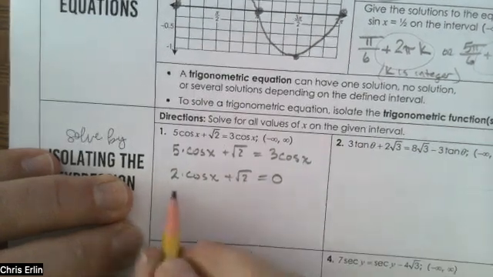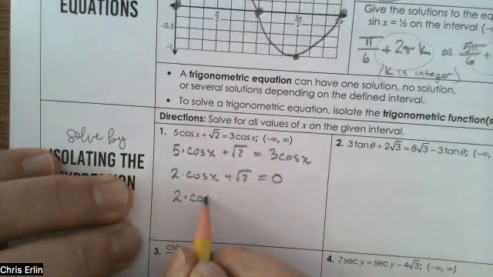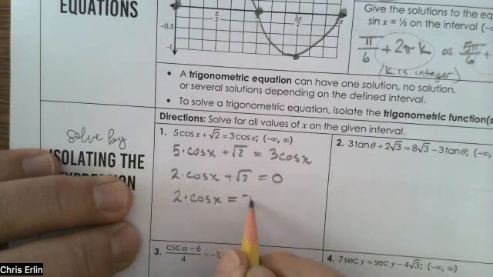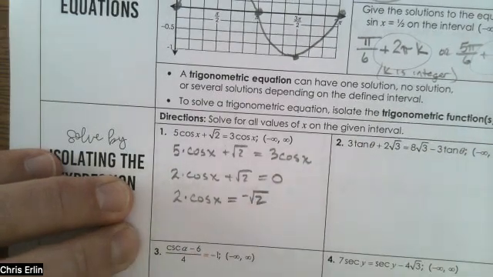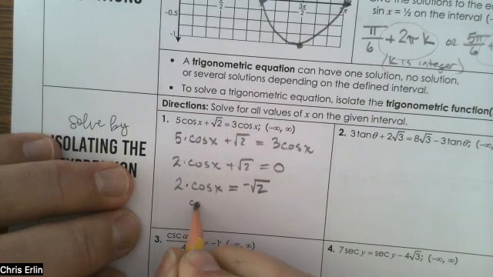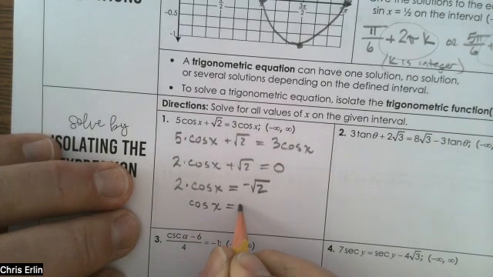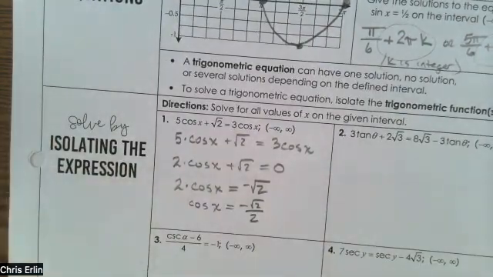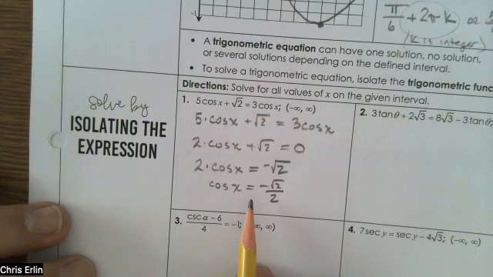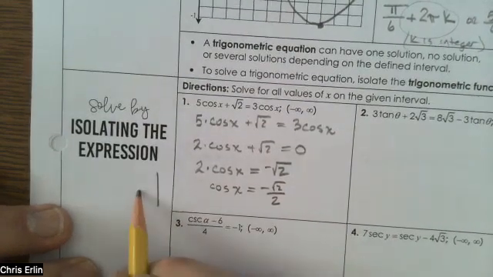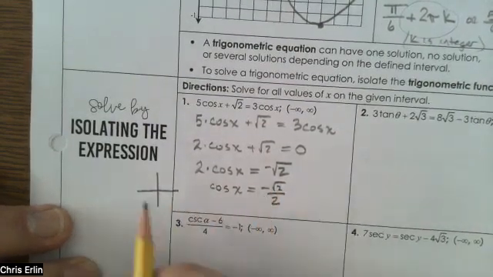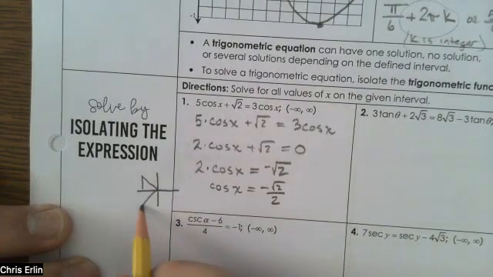Subtract the constant. Divide by 2. And I get cosine of x is negative root 2 over 2. So now I want to think about where my solution is for this. I can look at my unit circle and figure out this is one of the 45s.